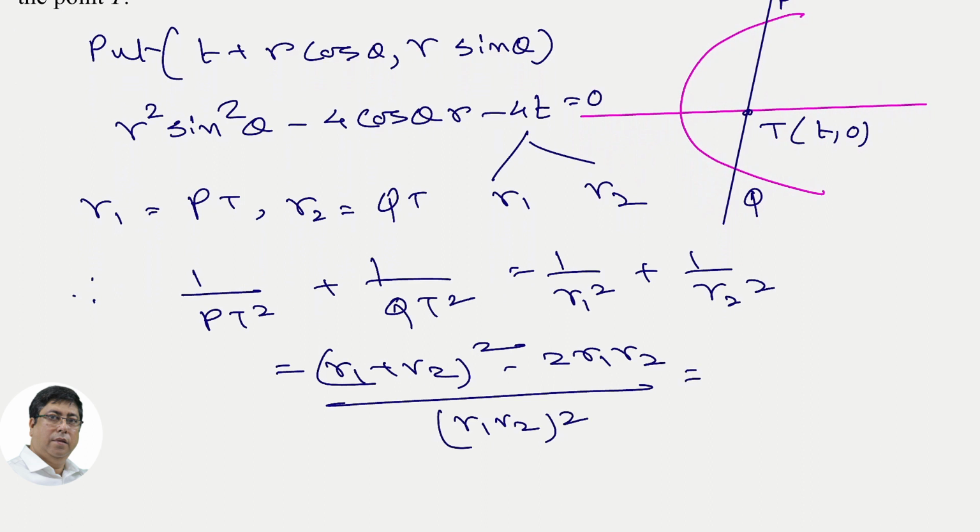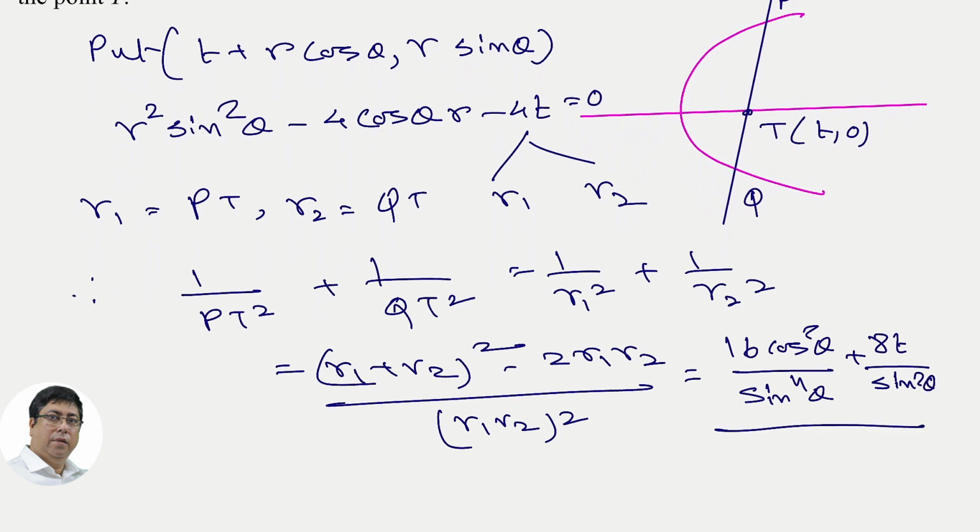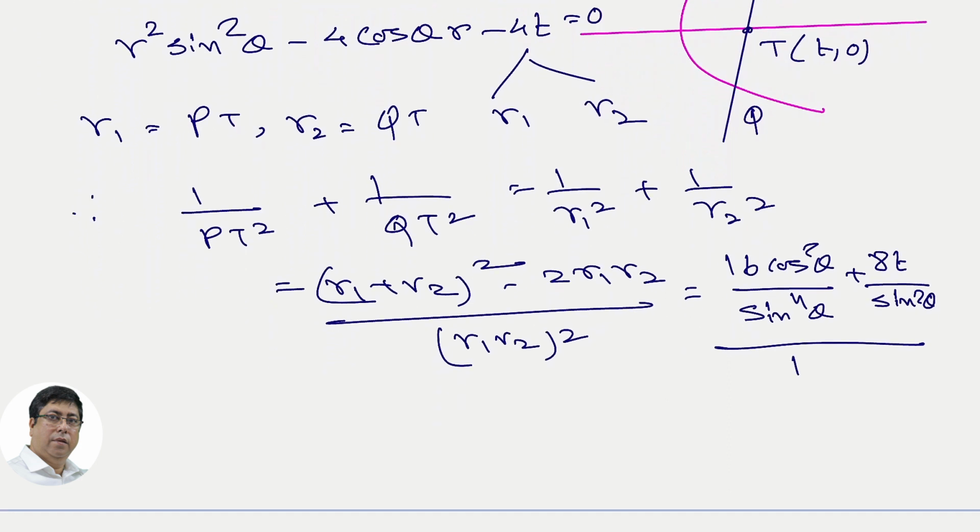So, if we put the values of the sum of the roots and product of the roots, we are getting 16 cos square theta by sin to the power 4 theta plus 8t by sin square theta, total divided by (R1R2) whole square. It means 16t square by sin to the power 4 theta.